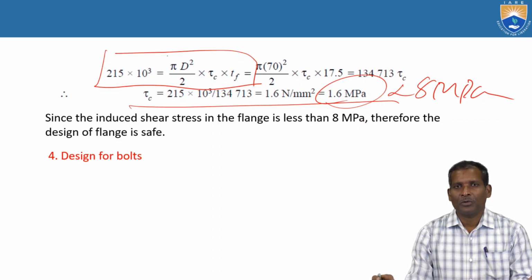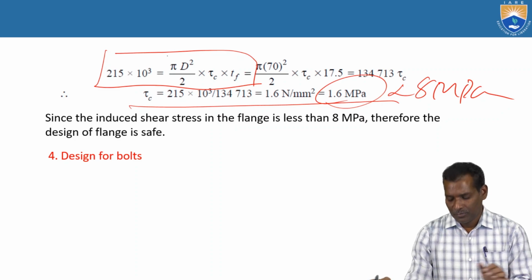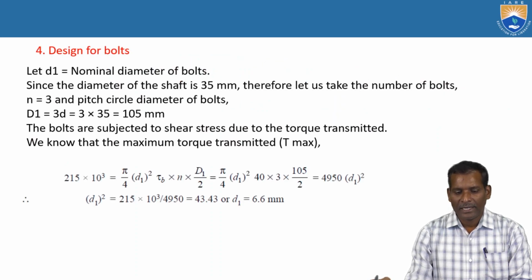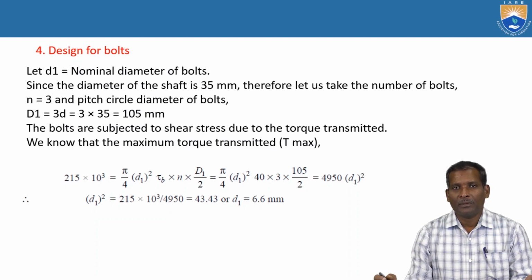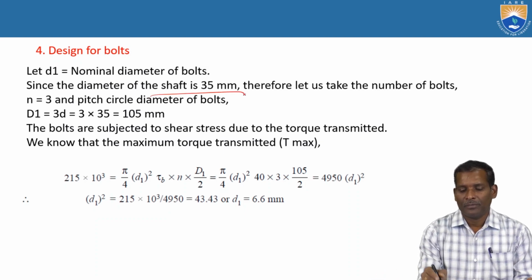So the last step, the fourth one, is design for bolts. What is the diameter of the bolt? Here the diameter of the shaft is 35 mm.